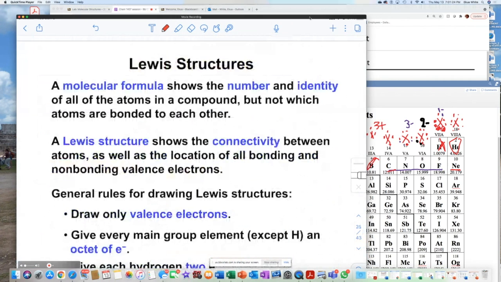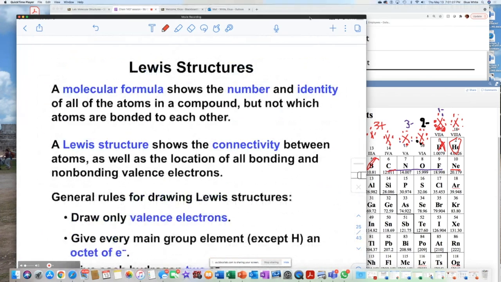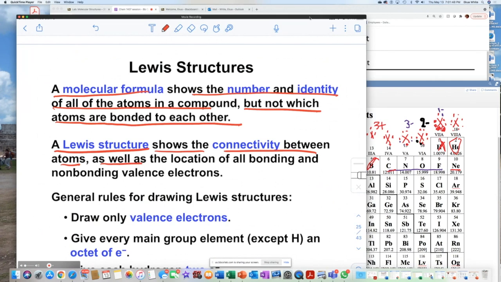So I want to move on and talk about how we draw Lewis structures finally. When we're looking at Lewis structures, it's important for us to know the structure of a formula, okay? A molecular formula shows the number and the identity of all the atoms in a compound, but not which atoms are bonded to each other. With the Lewis structure, we are able to see the connectivity between atoms as well as the location of all the bonding and non-bonding valence electrons.